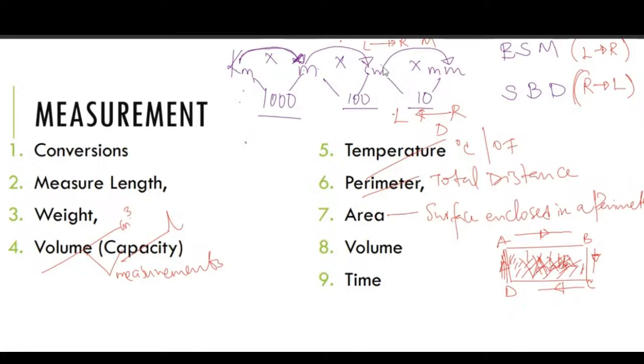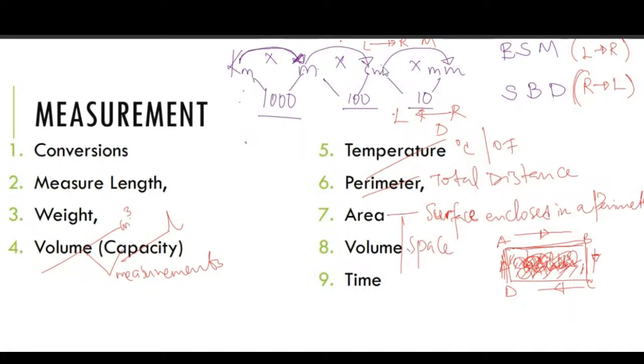So area is inside, perimeter is outside. Around is the perimeter. Inside is the area. Surface inside there. How much can I cover? How much can be painted? You understand?